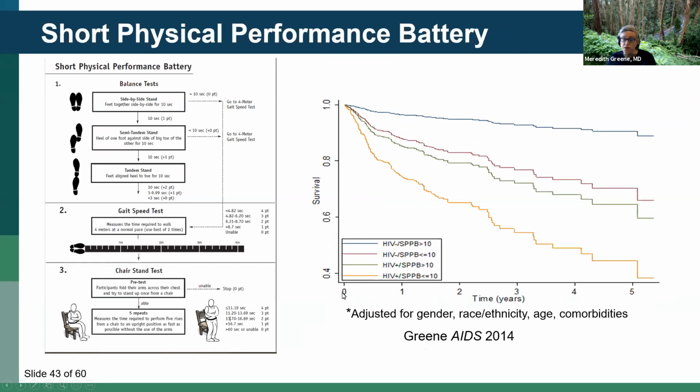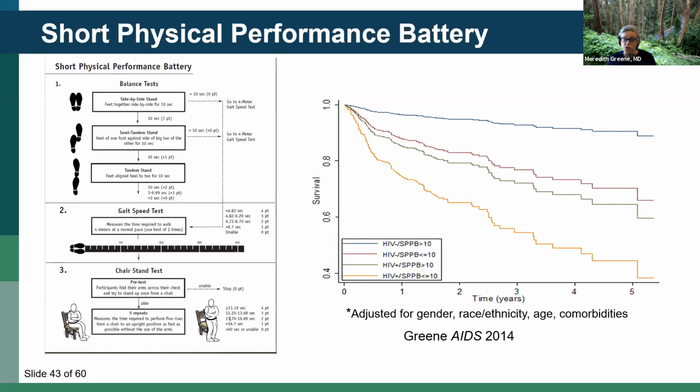There are assessments that can look at functional limitations. I'm highlighting this one, the short physical performance battery, because it's been used in a lot of studies of people with HIV, as well as has been shown to predict mortality. It's essentially a measure of lower extremity function, includes balance tests, gait speed, and a chair stand test. And this is data from the ALIVE cohort, where the group had an average age of 51.